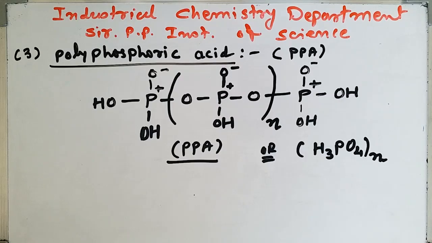Now we see the use or application of polyphosphoric acid. Polyphosphoric acid has been successfully used for various chemical reactions, the most important of which is cyclodehydration.